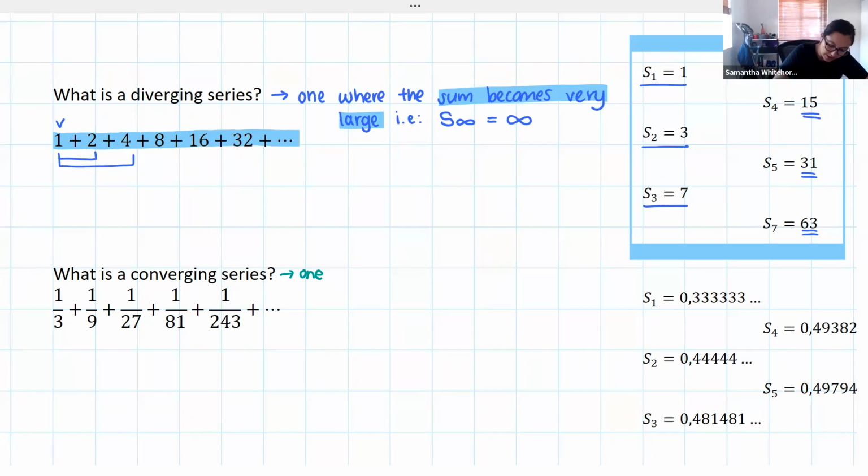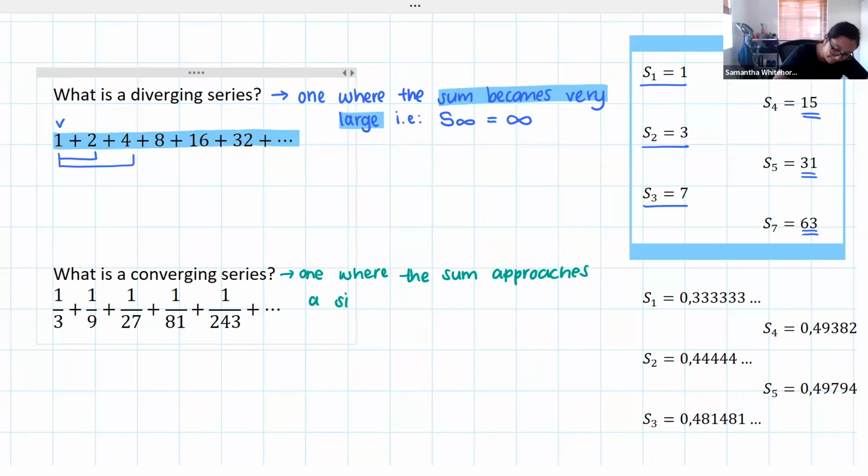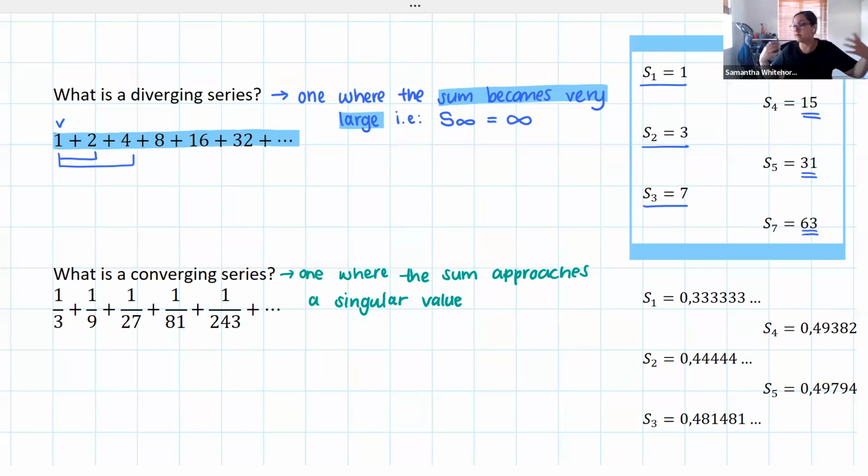So a converging series is one where the sum approaches a single value. Now that value can be anything. That value could be 1, it could be 0,3, it could be 40. But what we find is that as we add our terms together, they are getting closer and closer and closer to one single value.